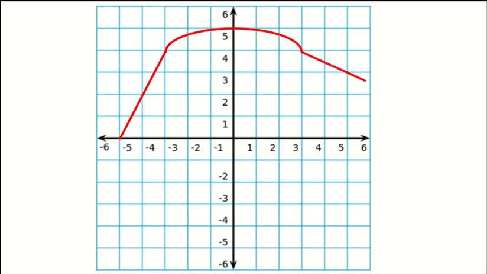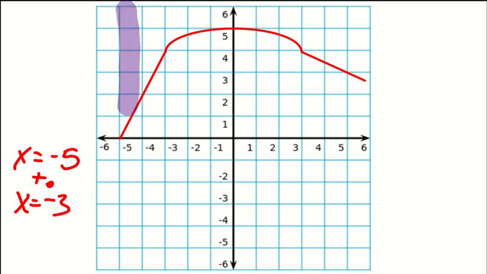So if I've got this graph here, if I want to look at it over the interval from x equals -5 to x equals -3, we need to be able to describe it in a couple ways. So if I go from -5, there's going to be that line going there, to -3 is basically that section right there.